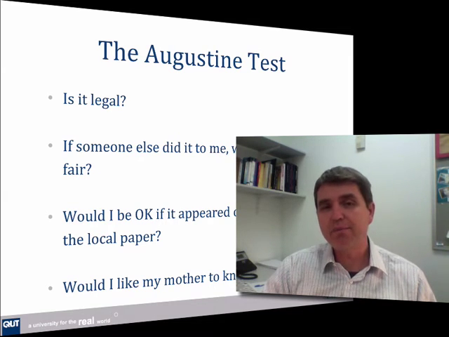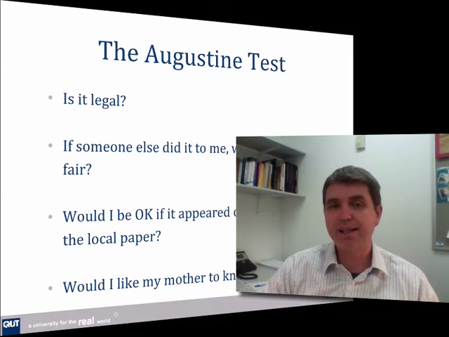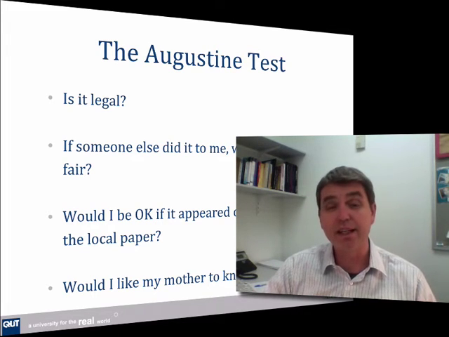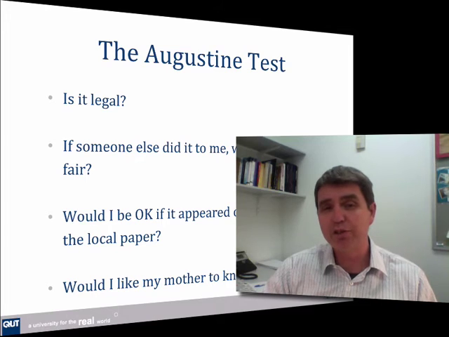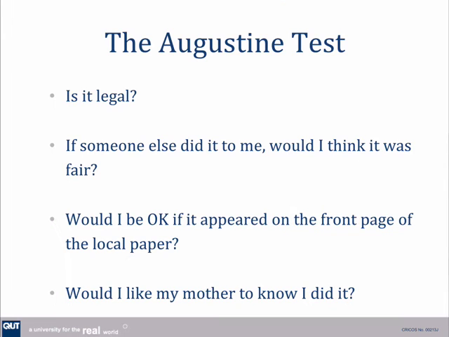In fact, they can be quite simple, as this test here from Norm Augustine, a famous US executive, puts. Just a few simple questions. Is it legal? If someone else did it to me, would I think it was fair? Would it be okay if it appeared on the front page of the local paper? Would I like my mother to know I did it?